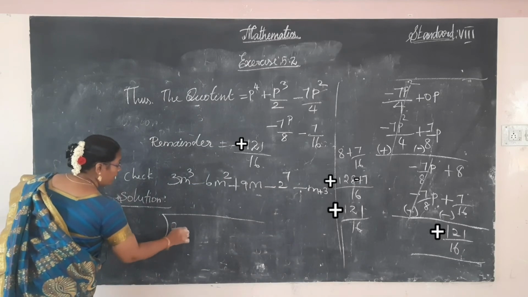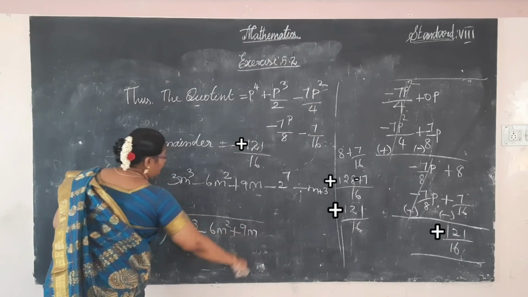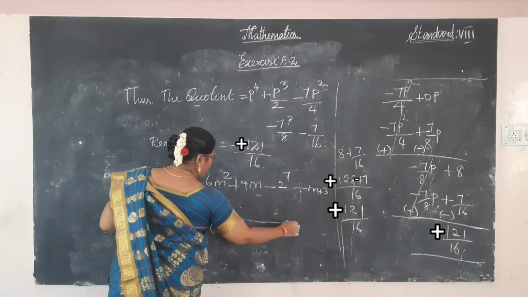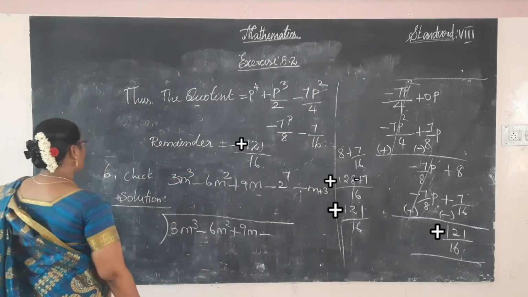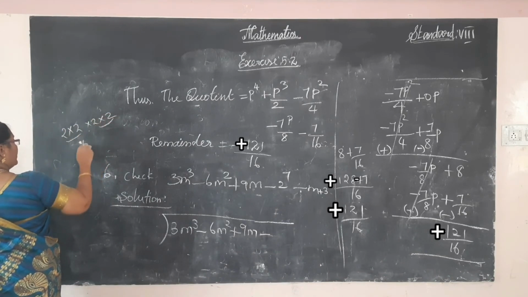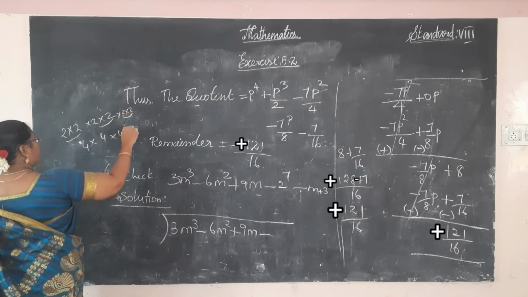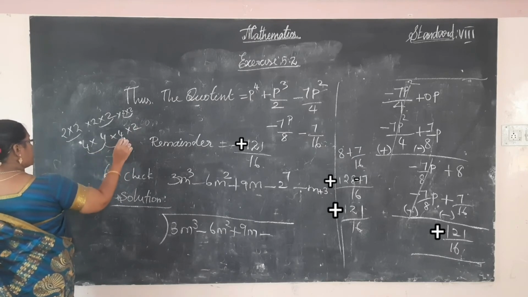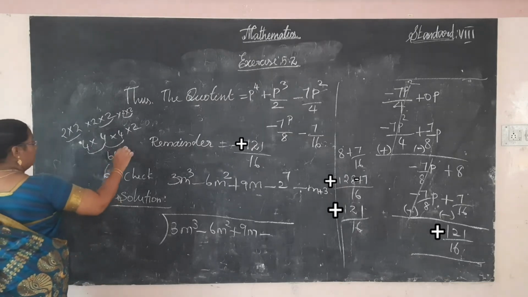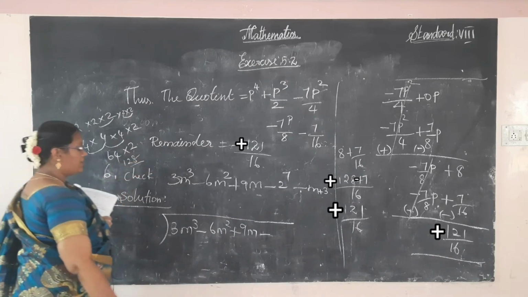So 3m power 3 minus 6m power 2 plus 9m, and then minus 2 power 7. 2 power 7 means 2 multiplied 7 times. 4 4s are 16, 16 4s are 64, into 2, 128.